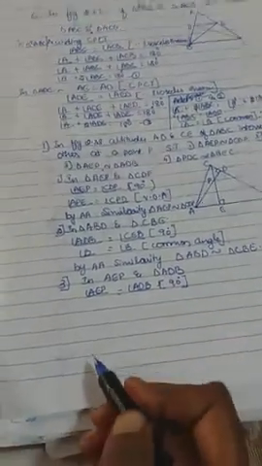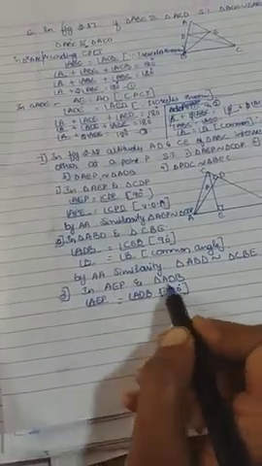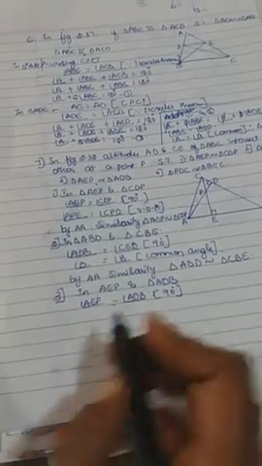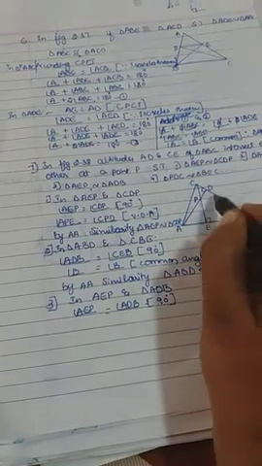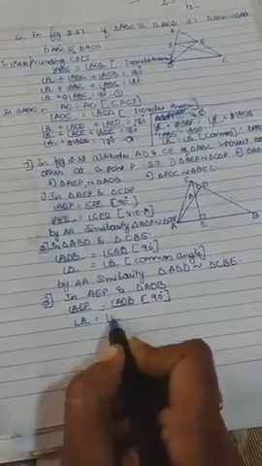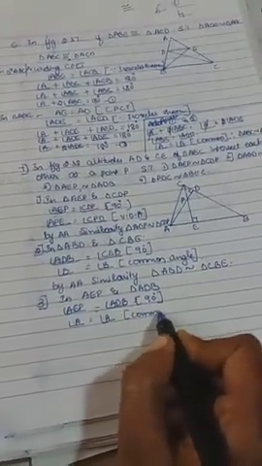And which angle is common? You can check the letters in both triangles. E is not repeated, but A is repeated. So angle A is common for both triangles. Angle A equals angle A. It is actually easy to prove.